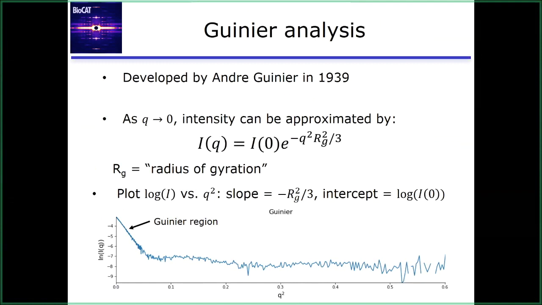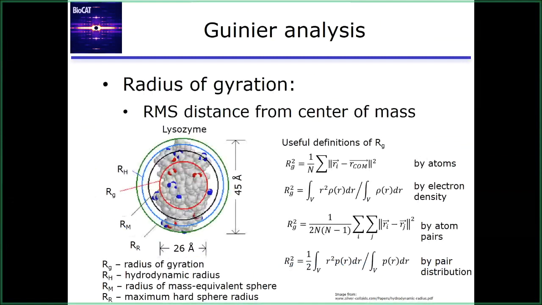So if you fit this linear region to a line, it's a very easy mathematical thing. The slope gives you the radius of gyration, and the intercept gives you something proportional to I of 0. So it's a very simple analysis. You just make this transformation on your data set, fit the linear region, and off you go. Turns out it's not quite that simple, and in the next slide I'll get to that.